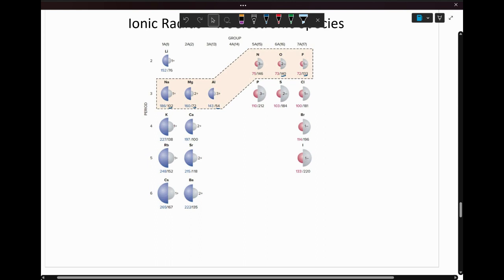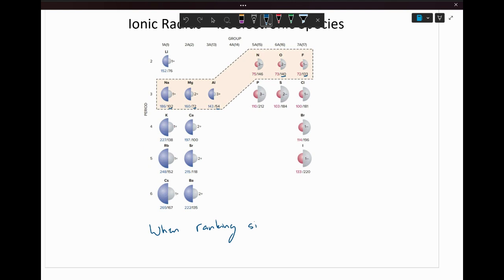So the big takeaway is when ranking size of isoelectronic species, positive cations are smaller and negative anions are larger.